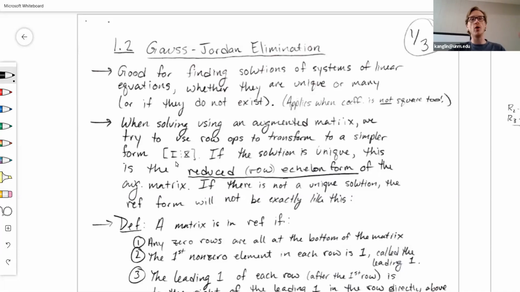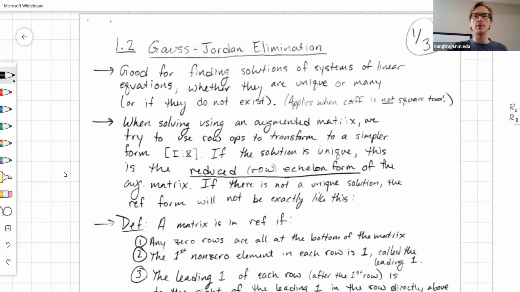You can go through all your row operations and the reduced row echelon form will not have an identity here. It will be closely related maybe, but it won't be an identity matrix there. That identity only shows up when the solution ends up being unique. And we want to explore today in this video, what happens if that can't be made into an identity using these row operations? What happens?